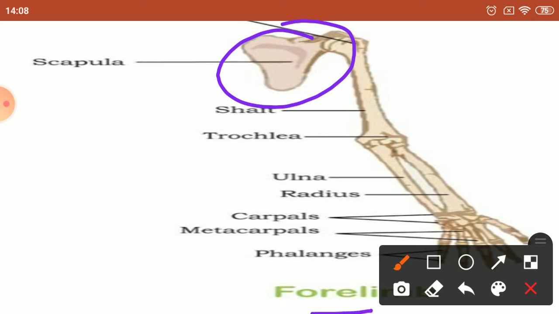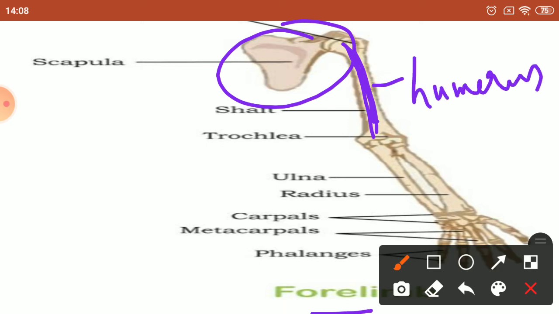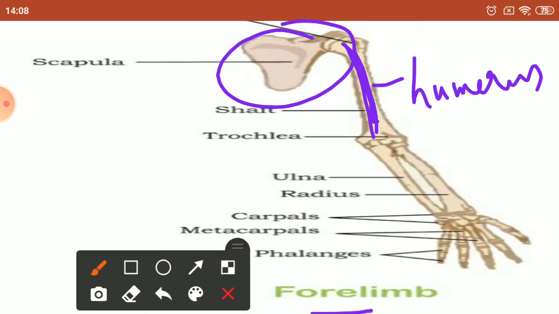The forelimbs have 2 different bones. The upper bone is called your upper arm bone, or you can say this bone here is the humerus. And down you have 2 sets of bones.